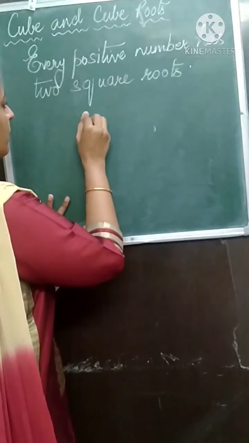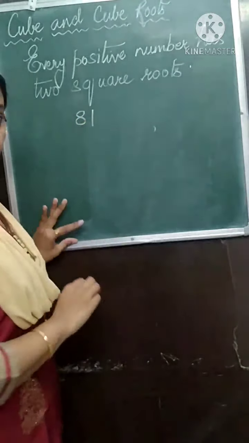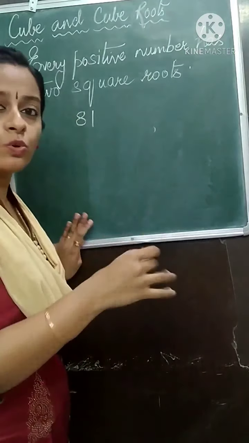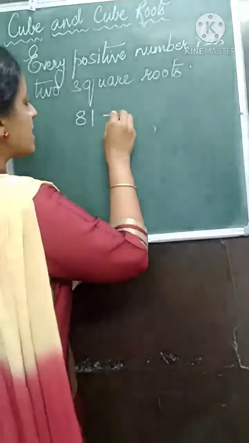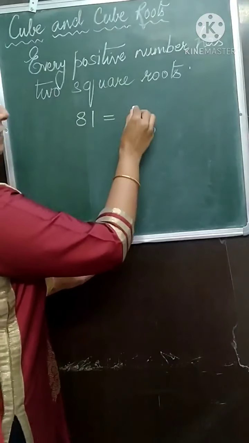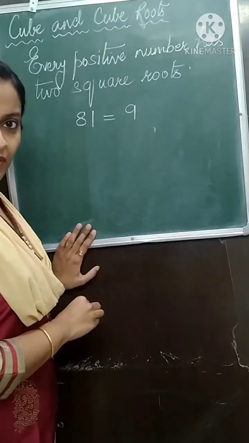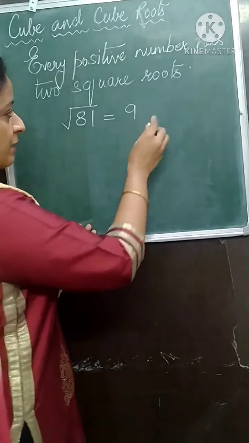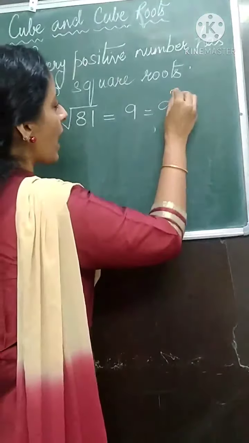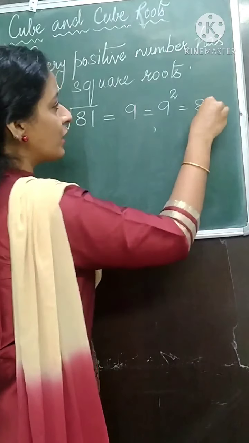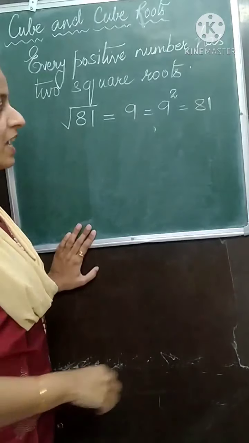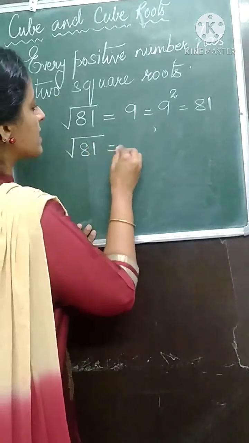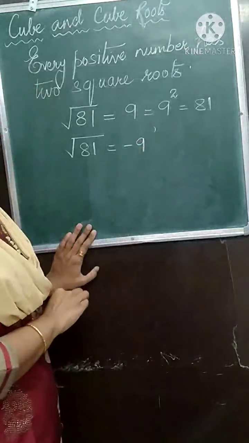Let me take a number 81. This is a positive number. This has 2 square roots. So, square root of 81 is 9. Okay, please check. Square root of 81 is 9. That means 9 square is 81, no? Similarly, I can also write square root of 81 as minus 9.